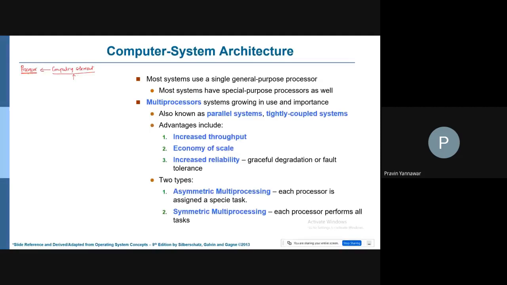So the processor plays an important role. It performs all sorts of tasks like computation, complex computation, processing, and all that.